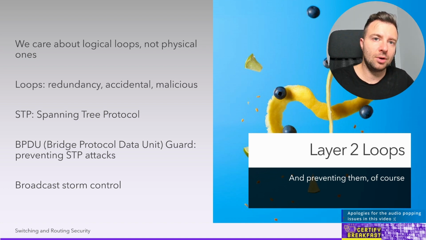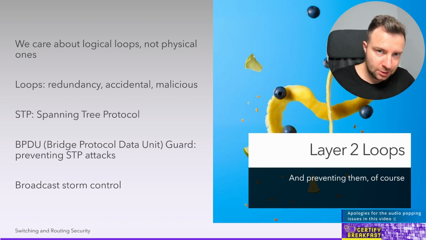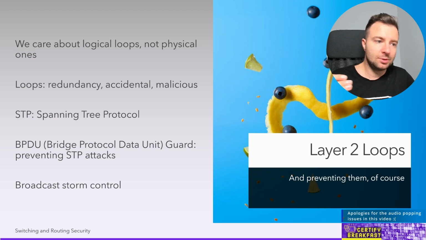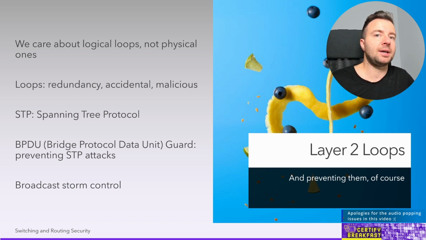Now, broadcast storm control is just a matter of monitoring the usage of all the ports for specific thresholds. If we keep seeing the same frames looping around and around over the network, and we see huge traffic spikes on specific ports, then we can simply shut down that port or just block that specific MAC address from ever communicating on the switch again.